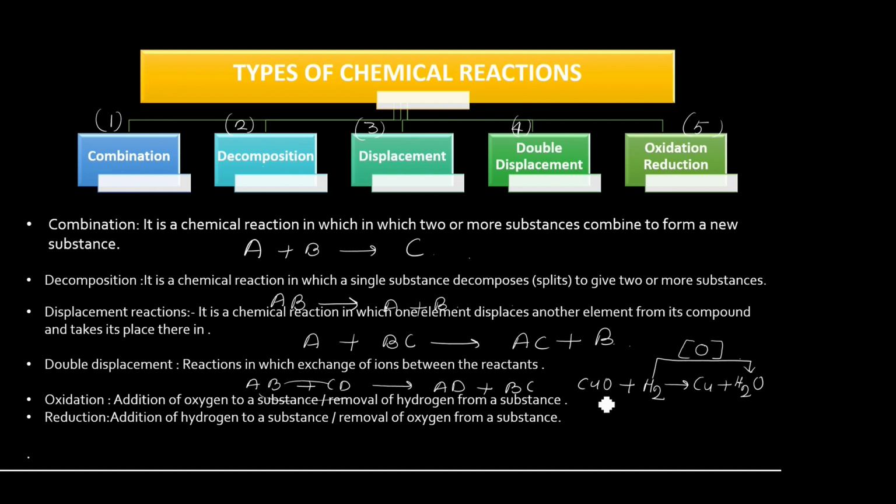And removal of oxygen is known as reduction. From copper oxide, we are getting copper. Oxygen is removed. That is why this is a reduction reaction. So this example is of an oxidation reduction reaction, also known as a redox reaction, in which in a single reaction we see both oxidation and reduction.